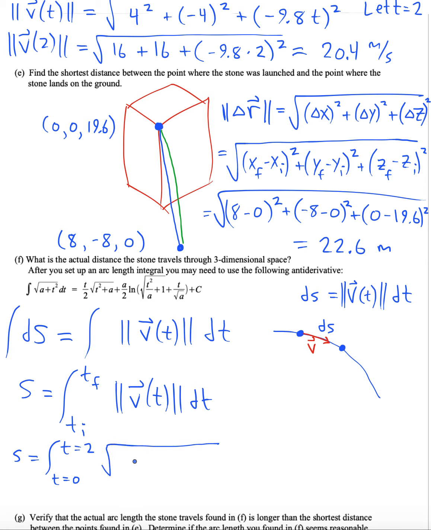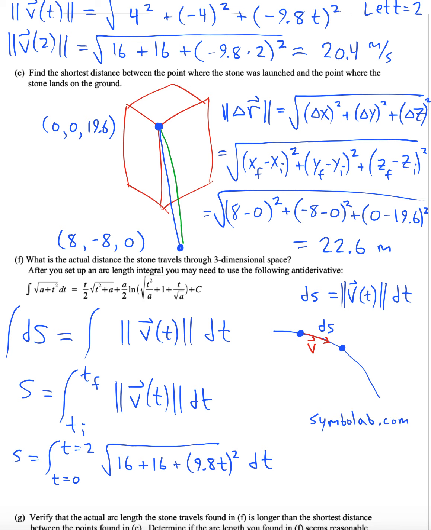Plug in our speed formula, which is the square root of 16 plus 16 plus (9.8t) squared, dt. Now this is the kind of thing that we can actually plug into a TI-84 calculator, or we could do this in symbolab.com, for example.